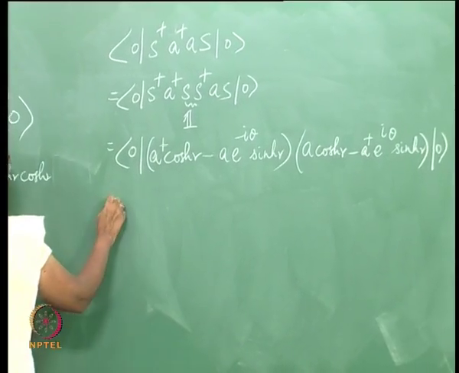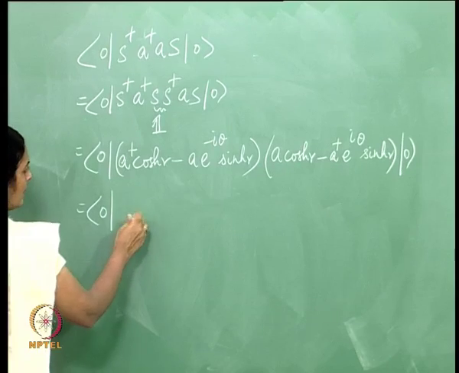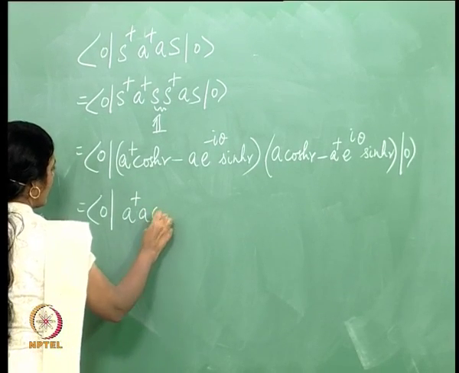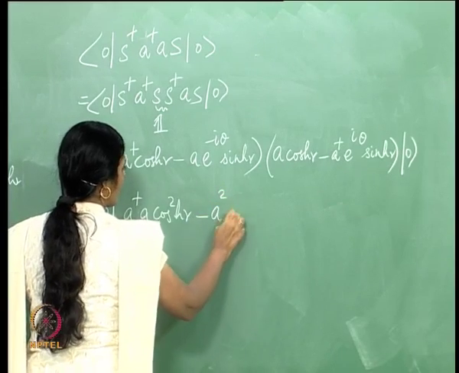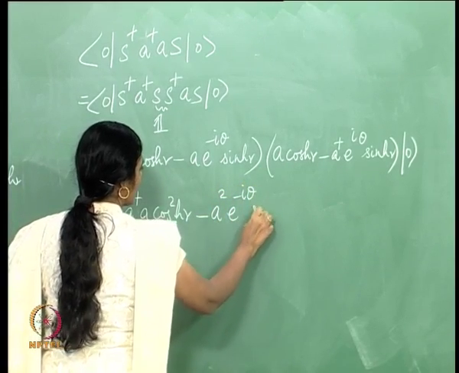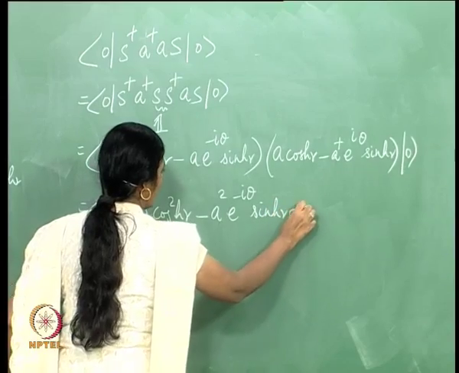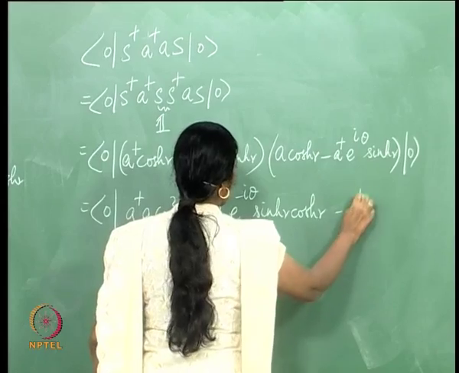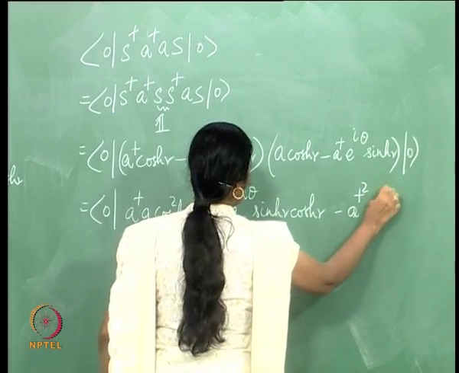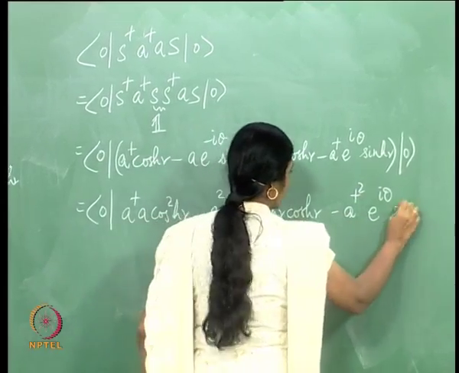Once more, I can expand the terms. The first term is A†A cos squared hr. Then I have minus A squared e to the minus iθ sin hr cos hr. Then I have minus A† squared e to the iθ sin hr cos hr.